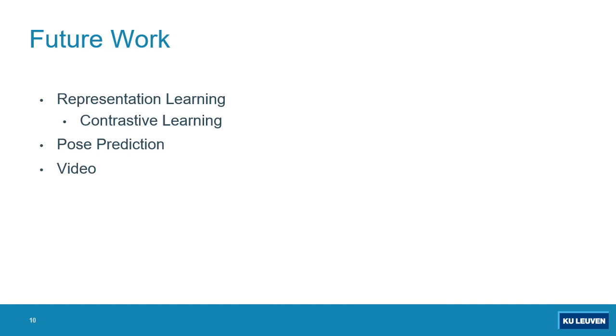For the future, we are planning to improve our accuracy using representation and contrastive learning. We would like to extend our network to be able to predict camera pose. This would be an overlap with the localization part of this project. And finally, we would like our network to work on video streams.